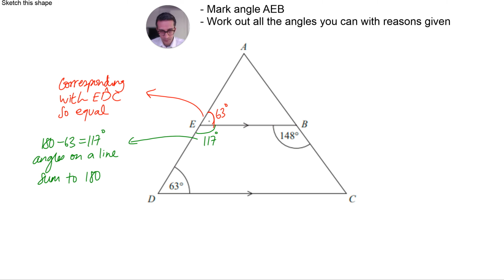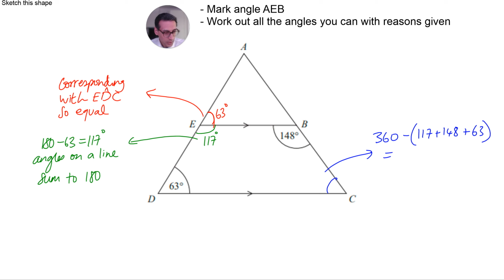And then we've got this quadrilateral here. It's a four-sided shape. So we know that all the angles in this quadrilateral have to add up to 360. So let's work this one out here. So this angle is going to be 360 take away the other three angles that we know. So take away 117 plus 148 plus 63.